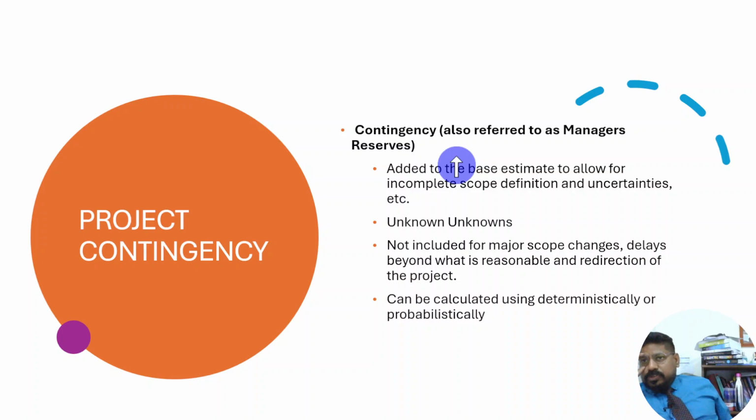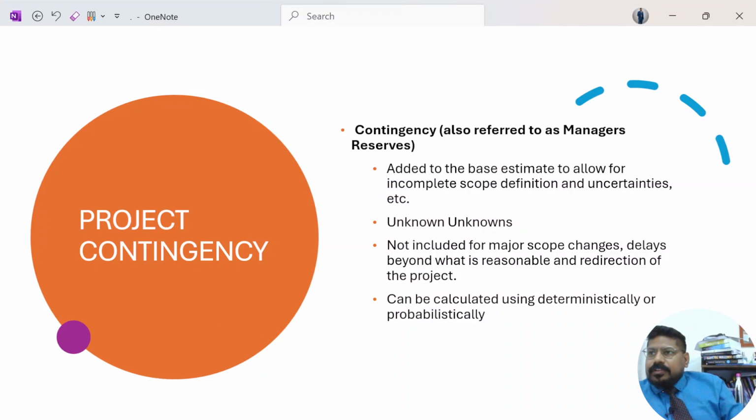This brings us to project contingency. Contingency is also referred to as management reserve. So if you recall, I explained that. Let's say I'm a program manager, and I have given the project to a person A, who is a project manager.